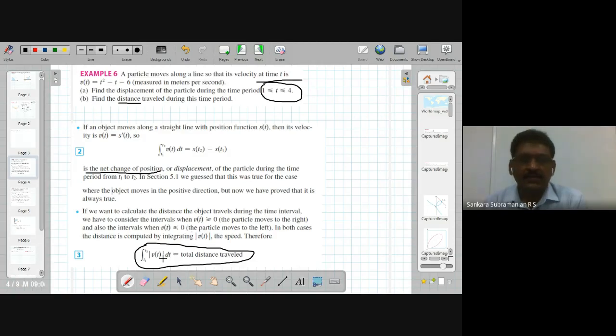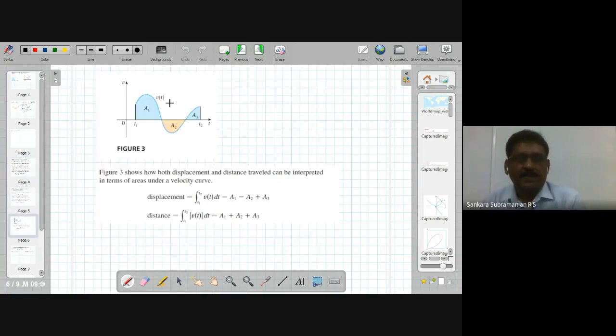If I want to show this with a quick diagram, then you can easily identify this. So this is T1 and this is T2. This is the curve, denoting how the particle travels from this particular point to this particular point.